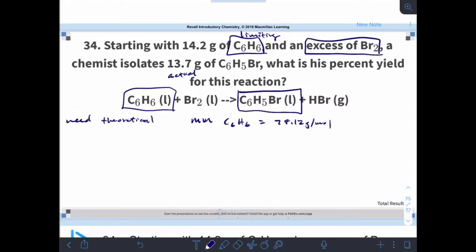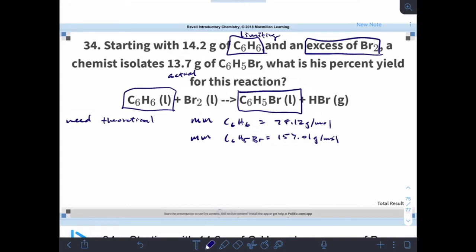Add those together and we get 78.12 grams per mole. Our molar mass of C6H5Br, 6 times carbon, 5 times hydrogen, and 1 times bromine, gets us a molar mass of 157.01 grams per mole.